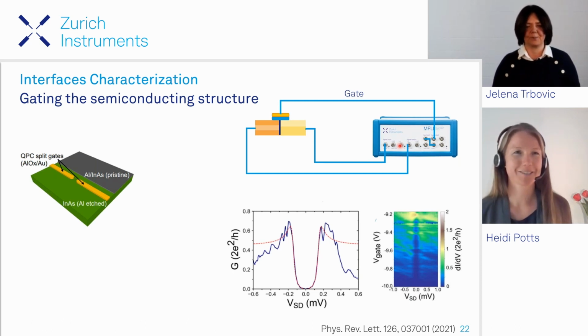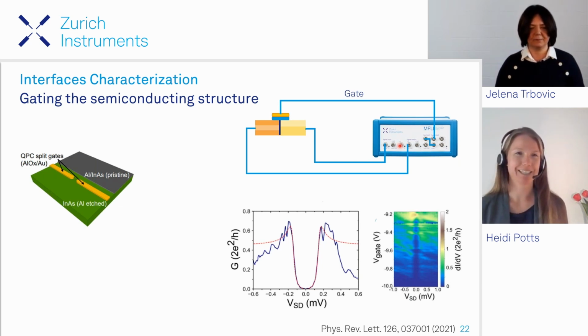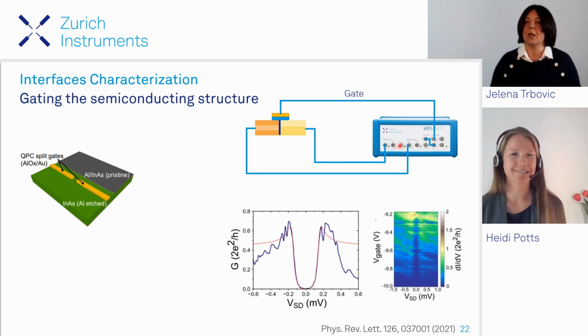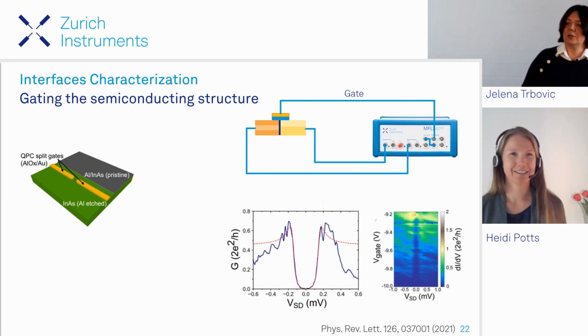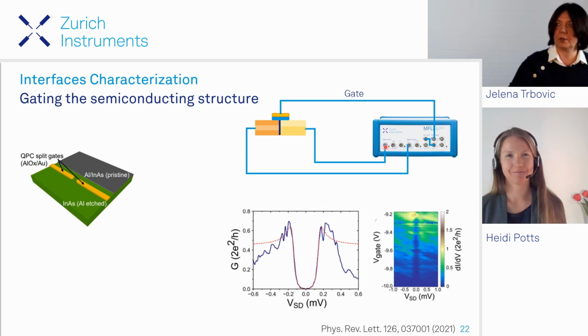Thanks, Jelena. Actually, there's one more very quick question. How many measurement channels does the MFLI have? Mm-hmm. Okay, it's a quick question. There is a little bit of things we need to count. So basically, there is a current port. It's a separate current port. There's also differential voltage inputs. You can use it differentially or single-ended.